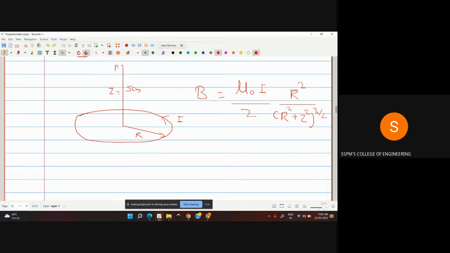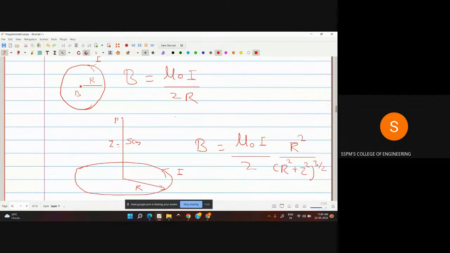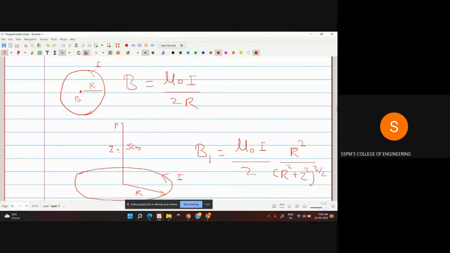आता तुम्हाला हे दिलेलं आहे mu 0 I divided by 2. काय येतं बघा इथे. हे B1 ऍक्च्युअली. mu 0 I divided by 2 is equal to B into R. Isn't it?